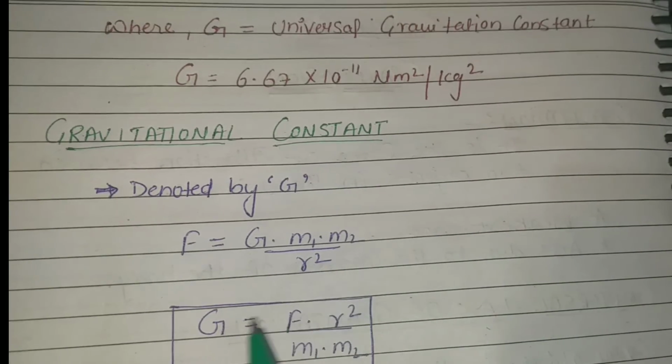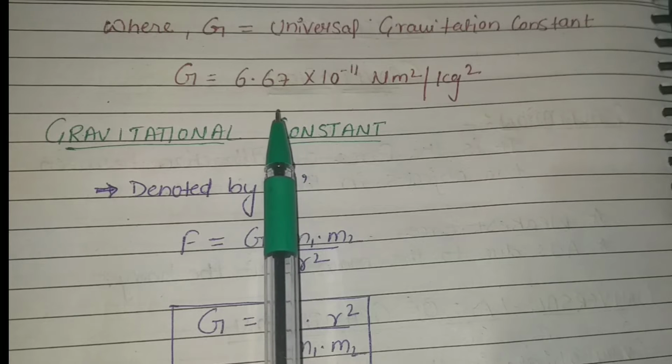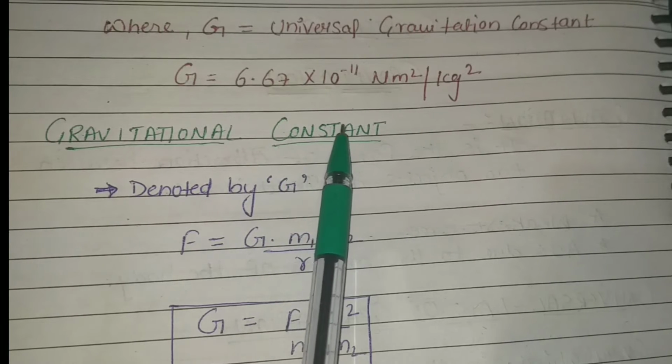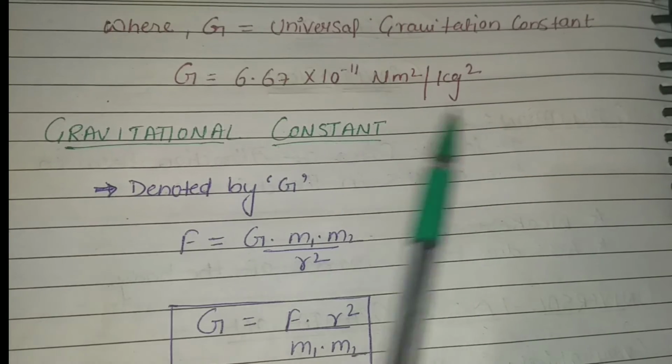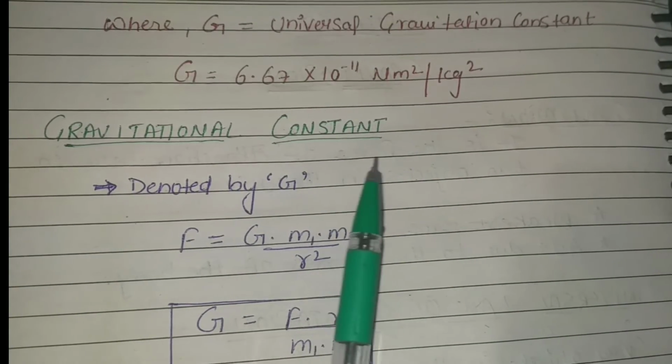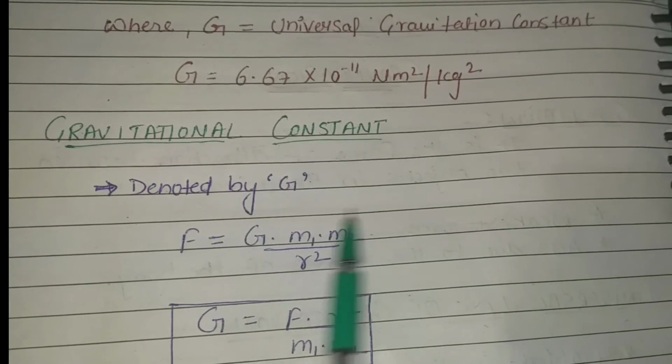You can also see the value of capital G, which is 6.67 into 10 to the power minus 11 Newton meter square per kg square. You can calculate the SI unit of capital G from this equation.